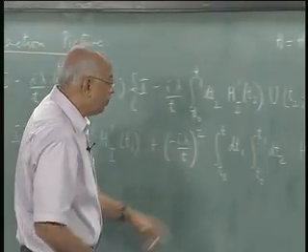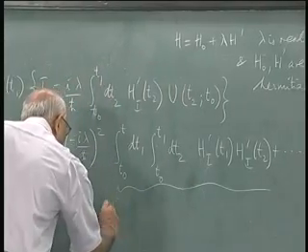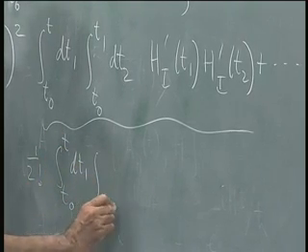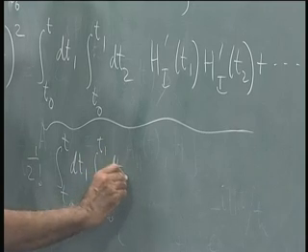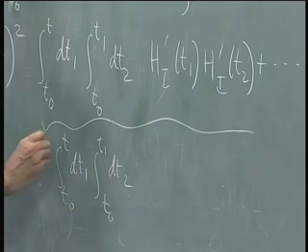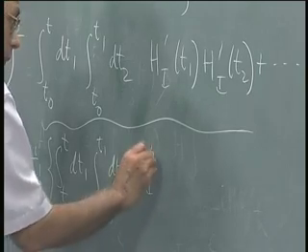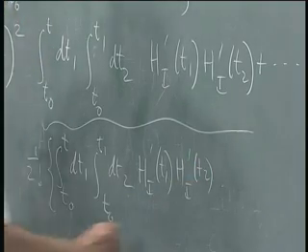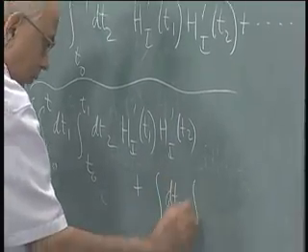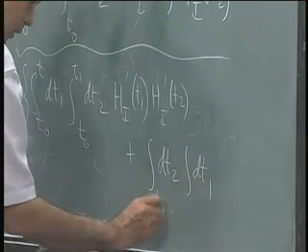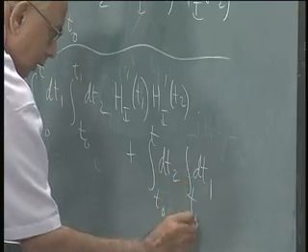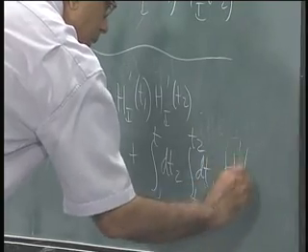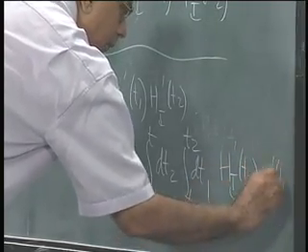So what you would do is to say, I would still write this as equal to 1 over 2 factorial, integral t0 to t dt1, t0 to t1 dt2, H_I prime of t1 H_I prime of t2, plus, and now interchange dt2 dt1, and this is t0 to t and this is t0 to t2, but now interchange and you get H_I prime of t2 H_I prime of t1.